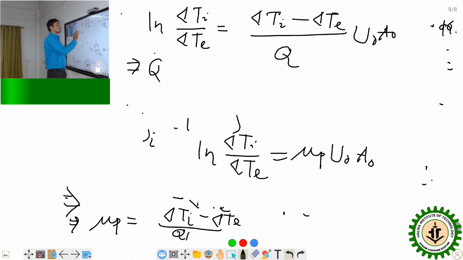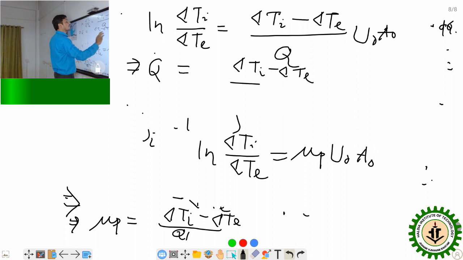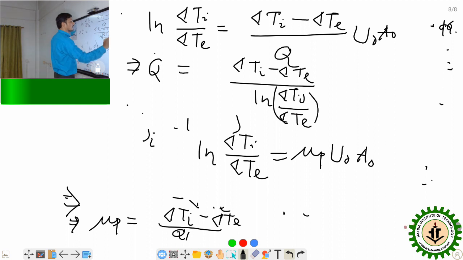In the rate form, q dot. So it would be del Ti minus del Te divided by ln of del Ti divided by del Te, times U0 A0. Now this term, I'm just boxing this term.